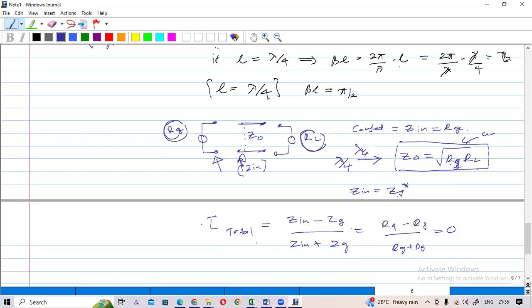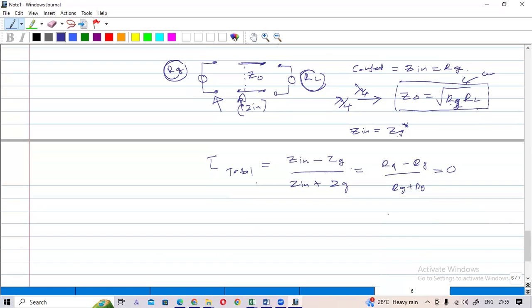The total reflection coefficient will be 0, and you get the corresponding characteristic impedance by using a lambda by 4 length, which is the square root of RG times RL.